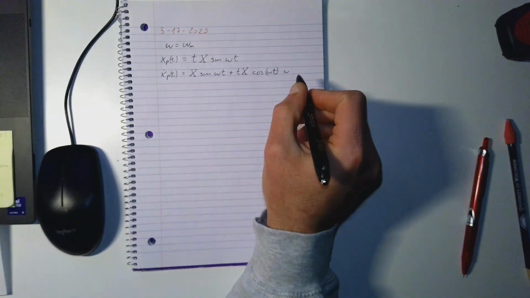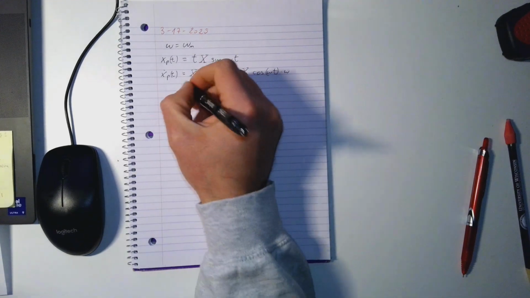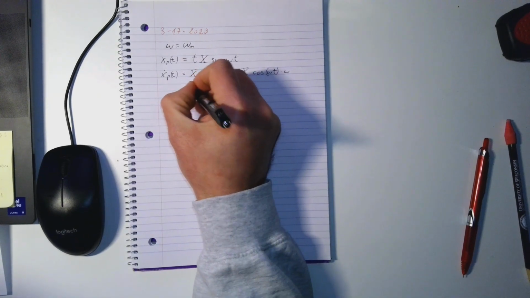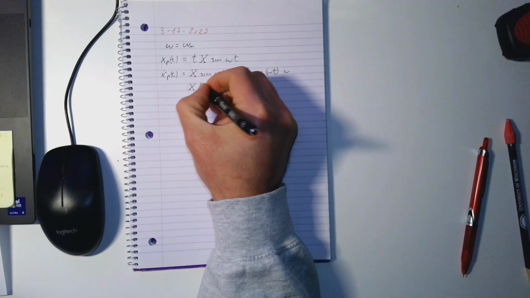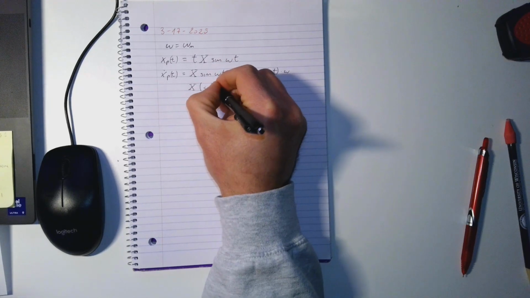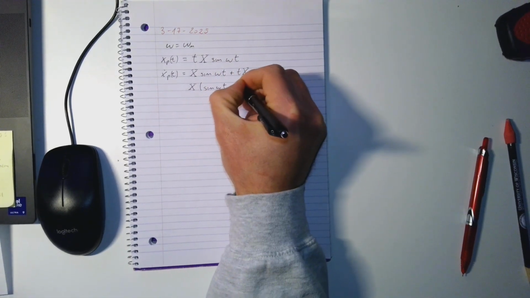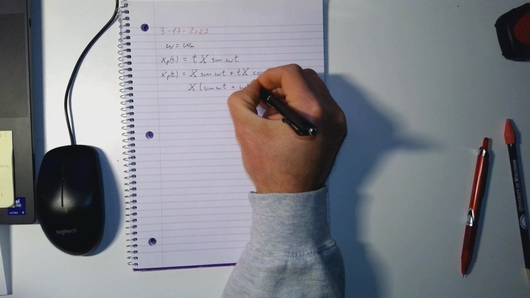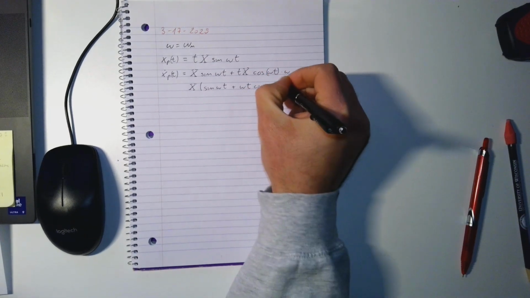We can slightly simplify this one. We can put X in common. So we have X times sine of omega t plus omega t cosine of omega t again.